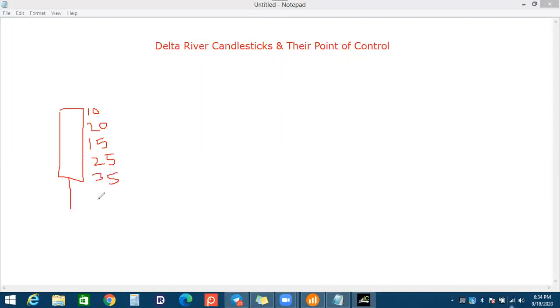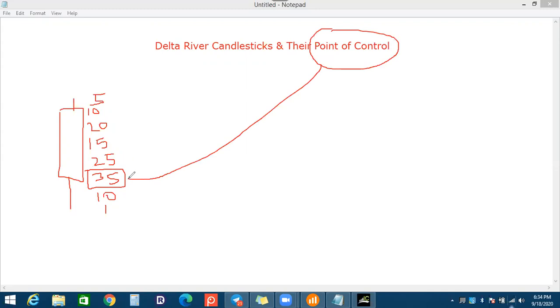There is a wick. In the wick there is a 10 and a 1. Here is a wick, it's a 5. So which volume is higher in this range? 35. So the point of control is this one. It means the part of the candle with the higher volume can be called the point of control of the candle.